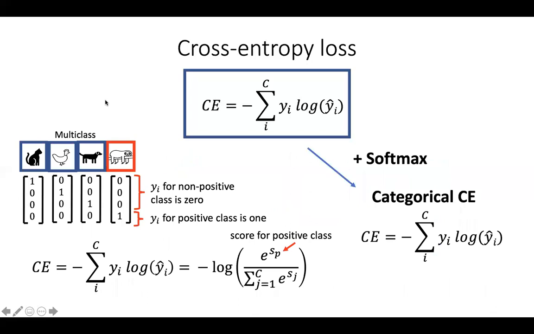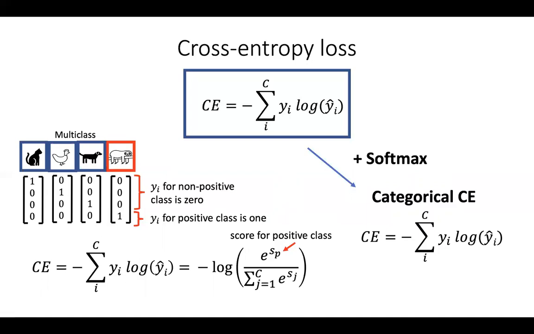On the other hand, if you have a softmax activation function in the last layer, you can see that the true label for the non-positive classes is zero. So if you substitute all the true labels, the y's, you will get a lot of zeros.